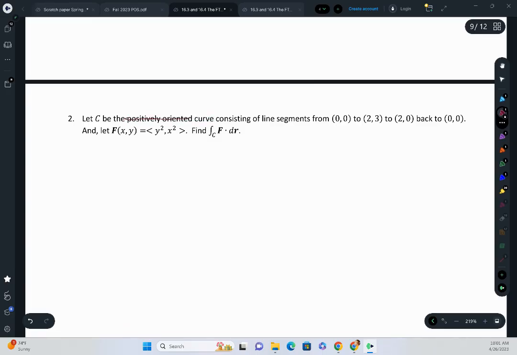So let C be the curve consisting of line segments from, let's get an axis drawn. 0, 0 is the first point. 2, 3 is the second point. 2, 0 is the third point.